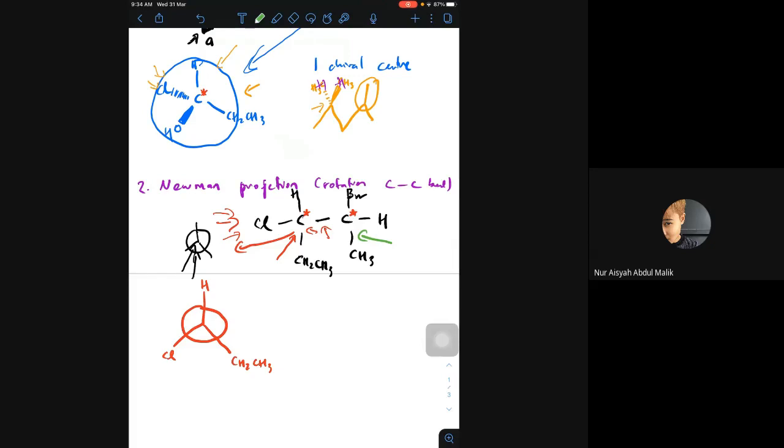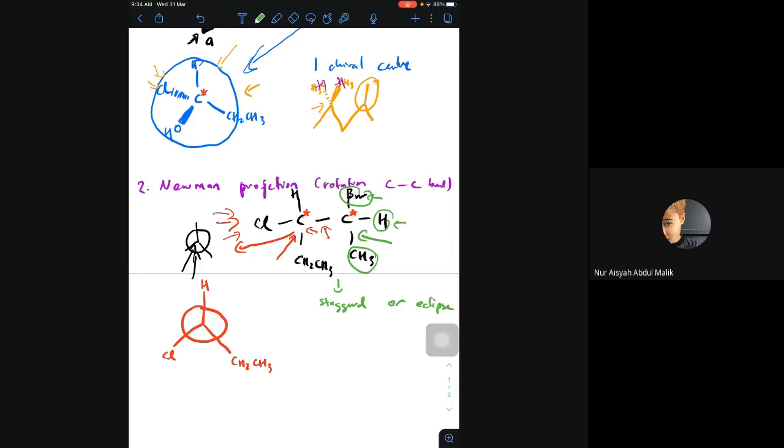For this carbon, the C is not shown. What you will see is only the atoms and groups of atoms, which are the Br, hydrogen, and CH3. This depends on whether it is staggered or eclipsed.